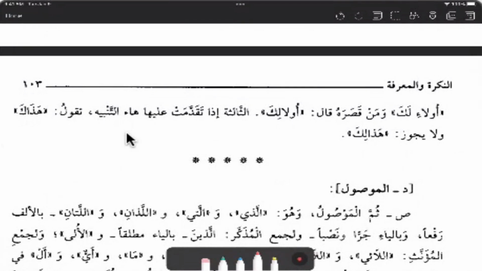But who doesn't put a hamza? Any dialect that doesn't put a hamza after the alif, they could put the lam, and they'd say ulalik.